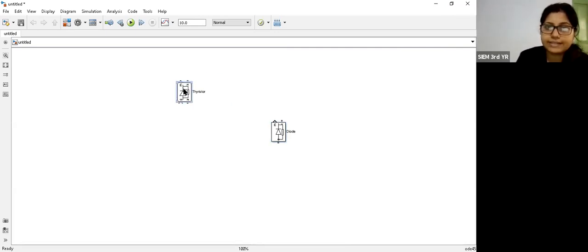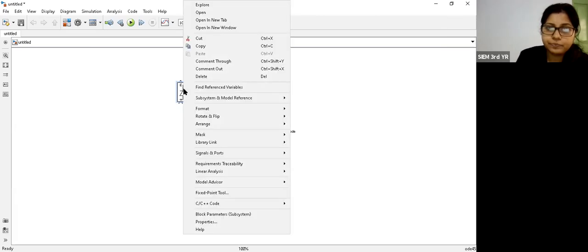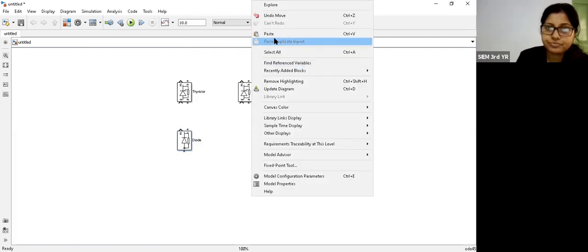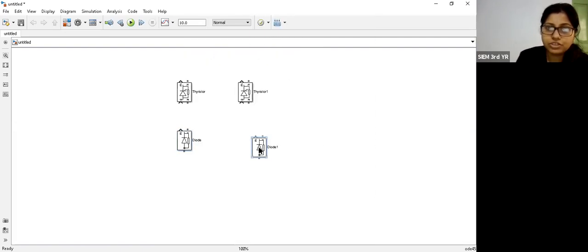So this is 1 thyristor. I'm copying and pasting. So this one is the second thyristor. This is 1 diode, and again copy and paste, so this one is the second diode. Fine.